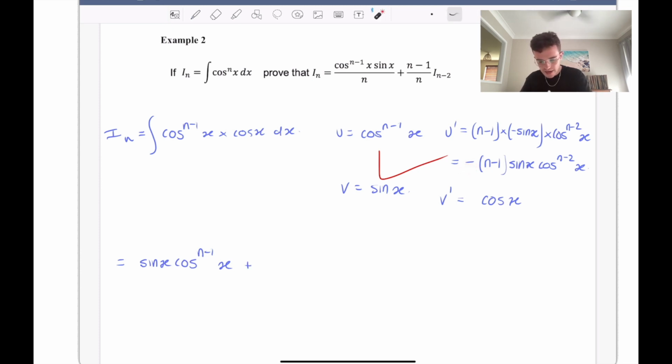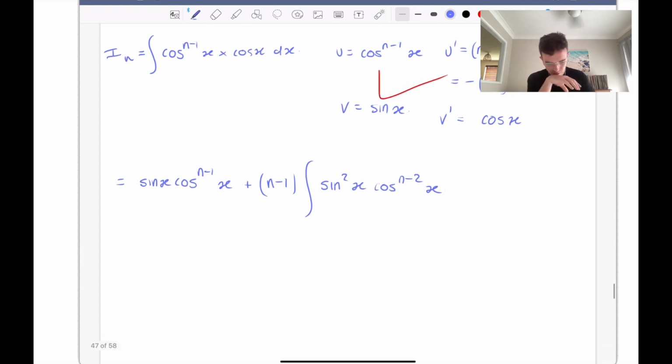I might pull the n minus 1 out straight away. Integral. This is going to be sin x times sin x, which is sin^2 x, cos^(n-2) x.